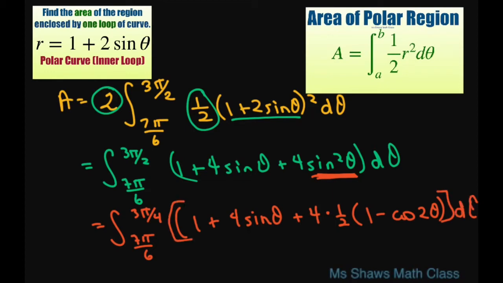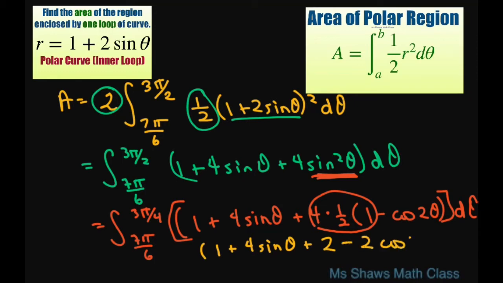All right, if I want to simplify this, you're going to get 1 plus 4 sine of theta plus 2 minus 2 cosine of 2 theta d theta. Let me cheat there a little bit and just expand that. Okay, now we can integrate it.